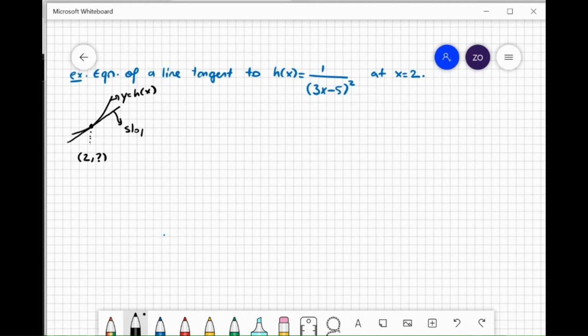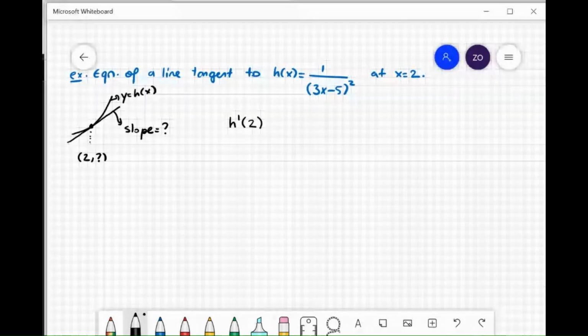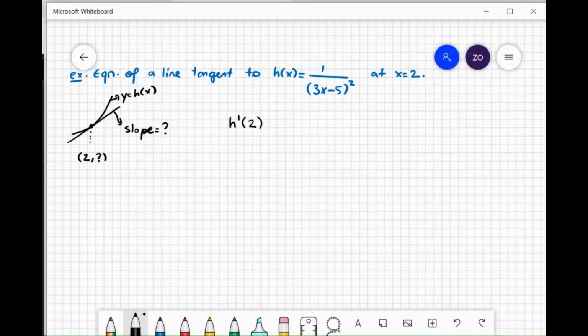So we need to know the slope of this line. And how can we find the slope of this line? By finding the derivative of that function and evaluating it at that x value. So if we just find the derivative of f and plug in 2, the x coordinate, we will find the slope of that tangent line.